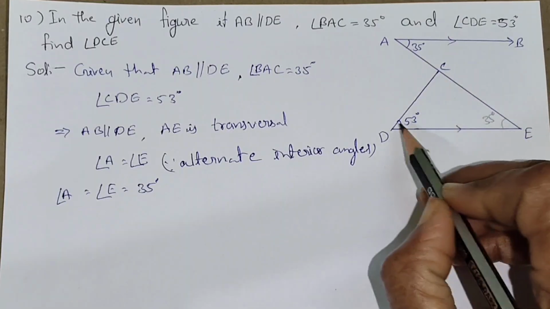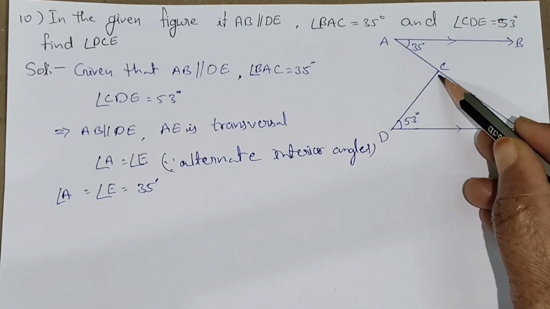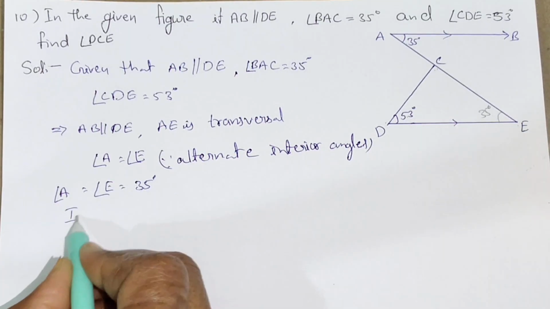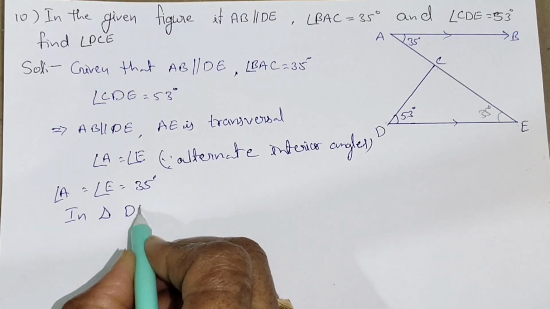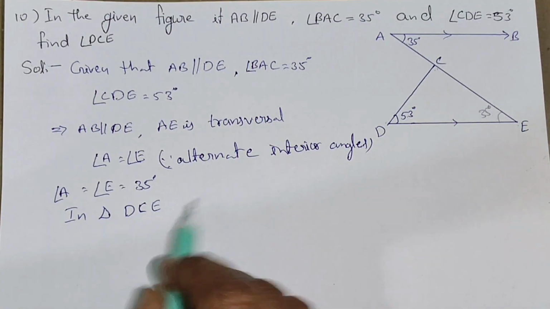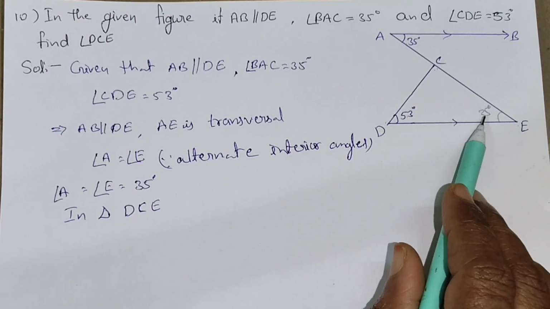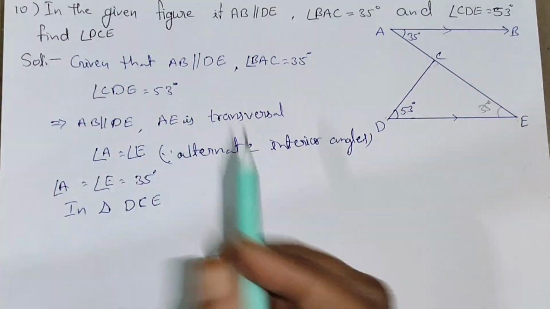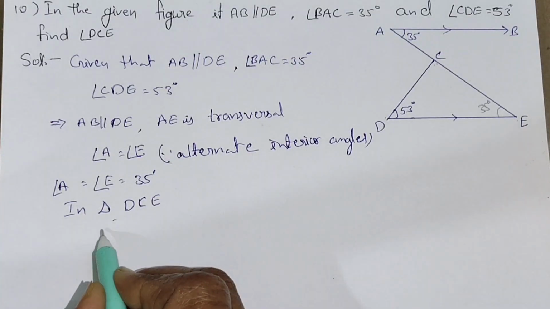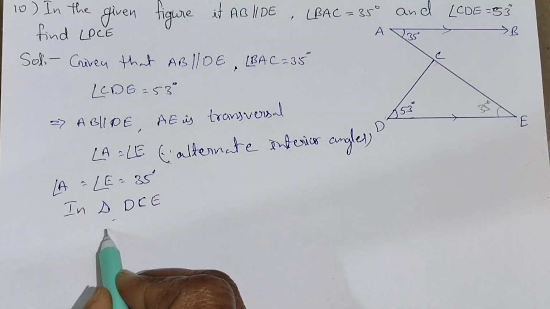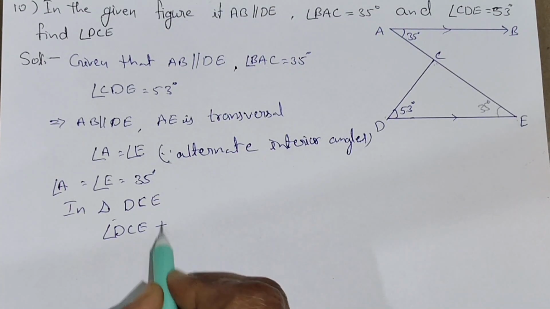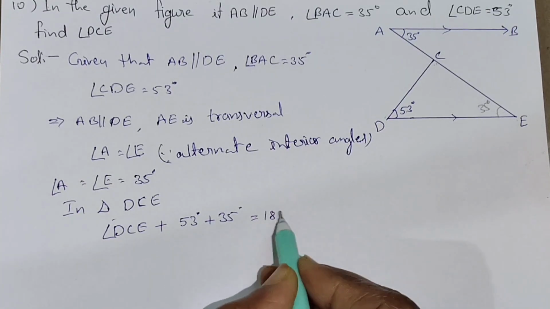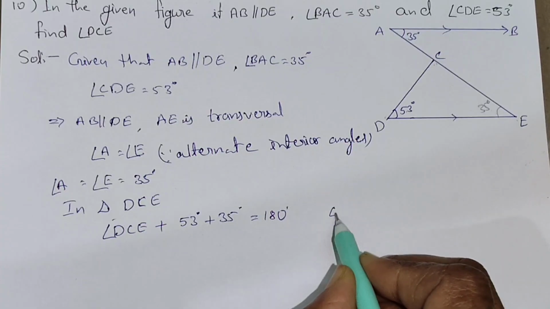Now the question asks for angle DCE. So we take triangle DCE. In this triangle we already know two angles, so we find the third angle. In triangle DCE, the sum of three angles is 180: angle DCE plus 53 plus 35 is equal to 180. This is the angle sum property.